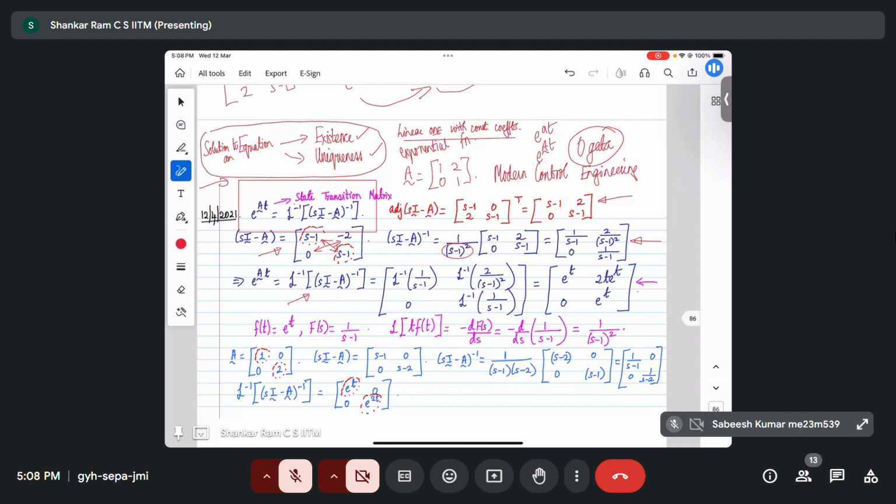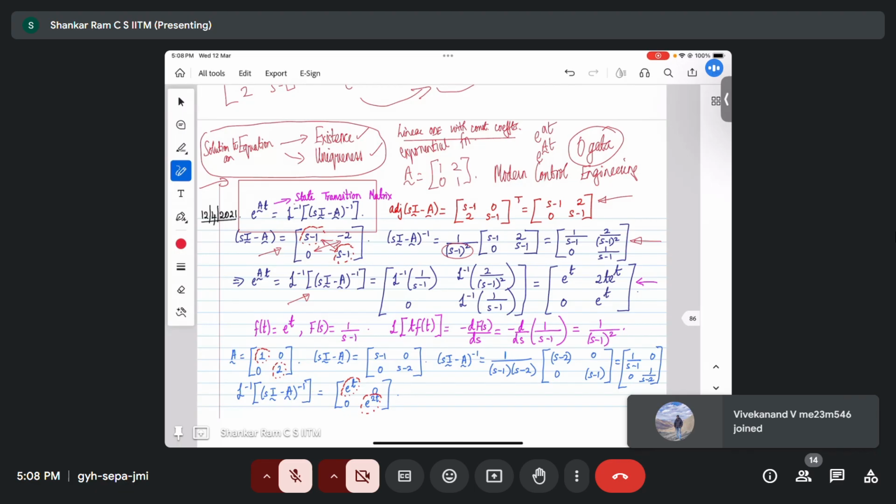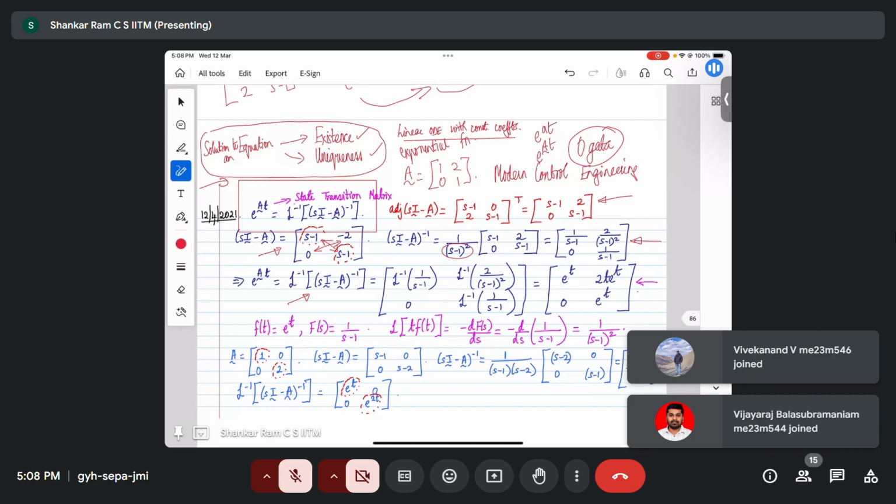For the Laplace inverse of this 2 by 2 matrix with functions of s, we can take the Laplace inverse of the individual factors; we are allowed to do that.